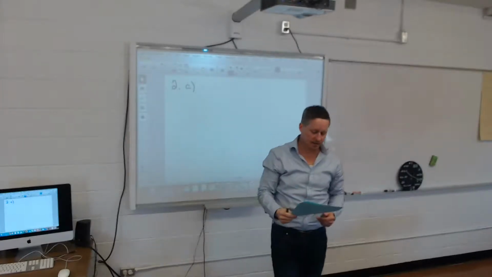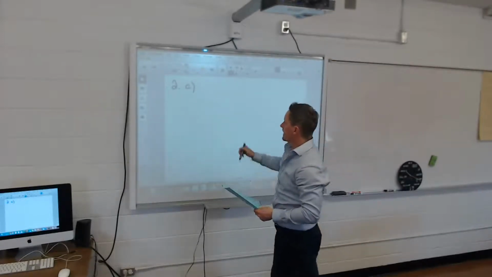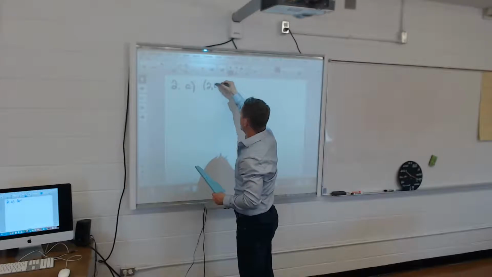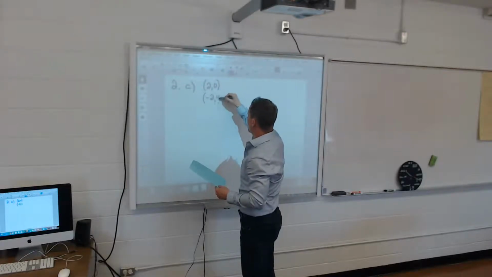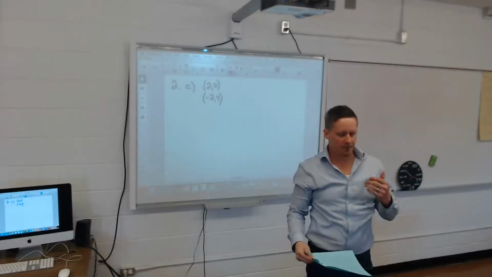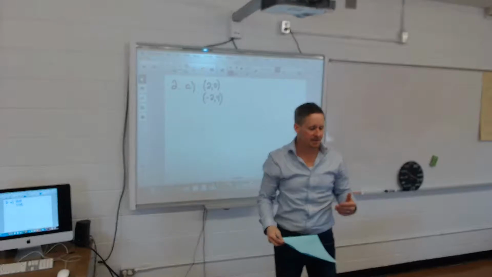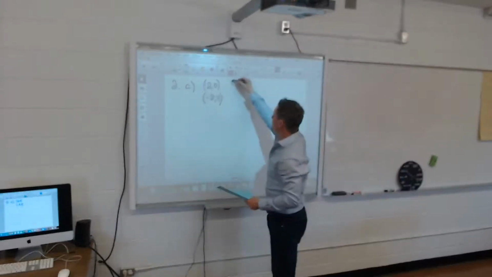Number two in the short answers is find the slope from the first point to the second point. The first point was 2 and 0. The second point was -2 and 4. Now again, when it comes to slope, if you want to graph these and count, that's okay. I like to use my equation.